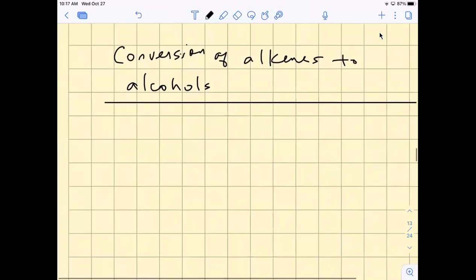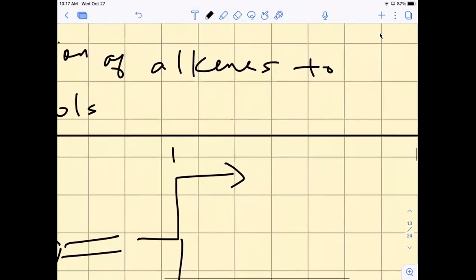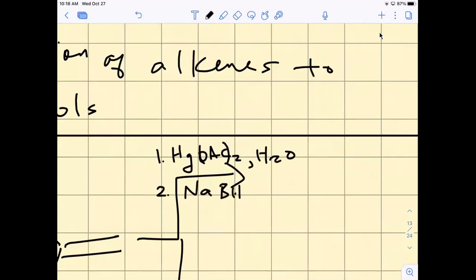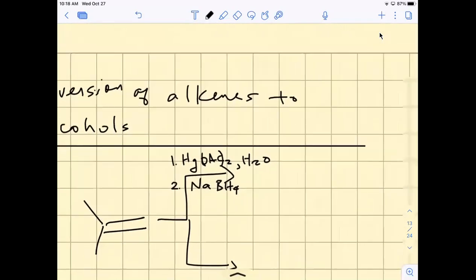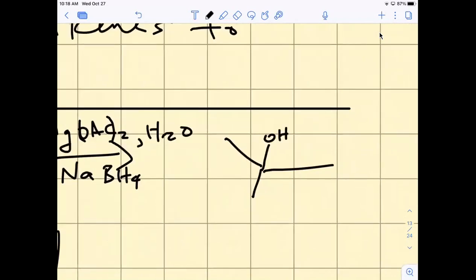And so if I have an alkene like this one, and I treat it with mercury acetate and water, followed by sodium borohydride, NaBH4, then I'm going to get the alcohol here, and then the hydrogen here.